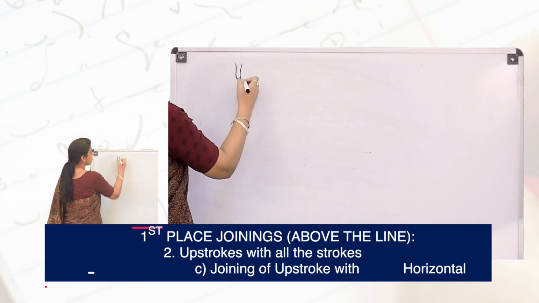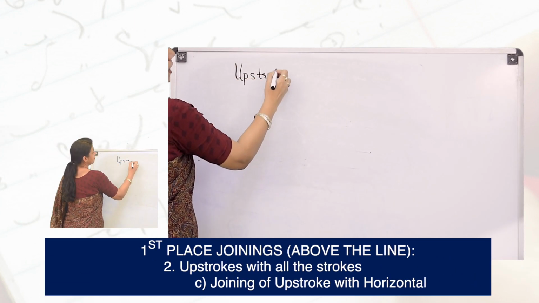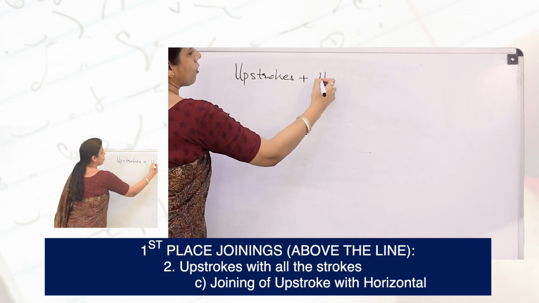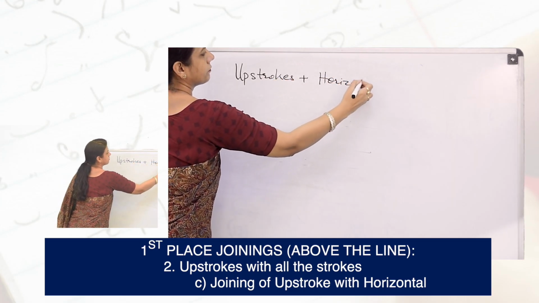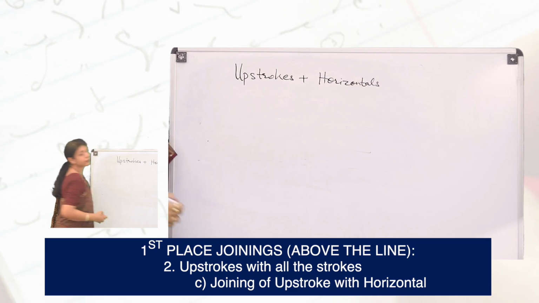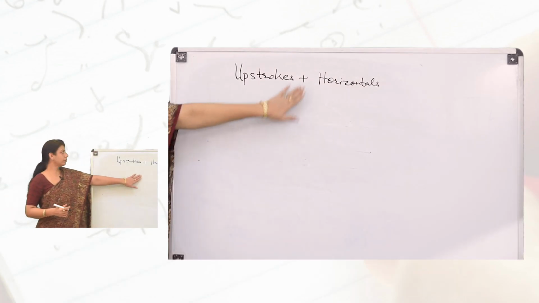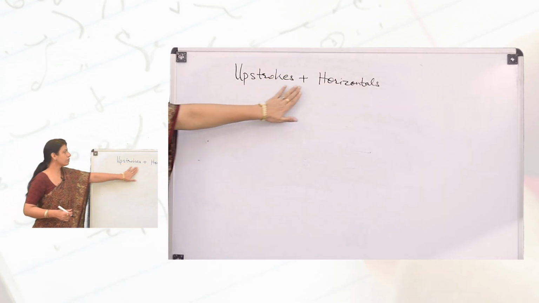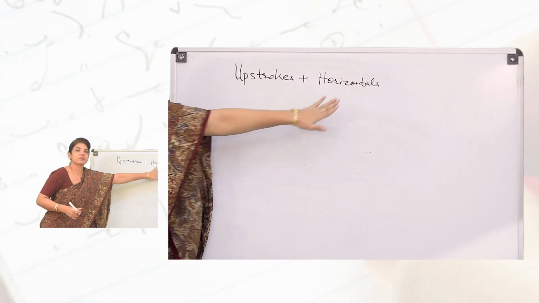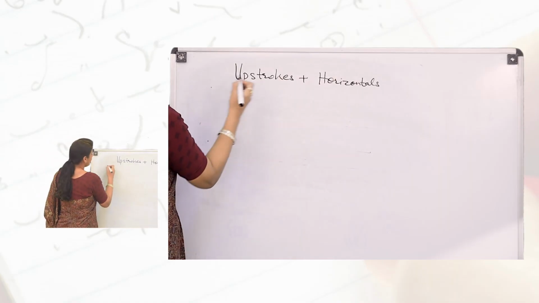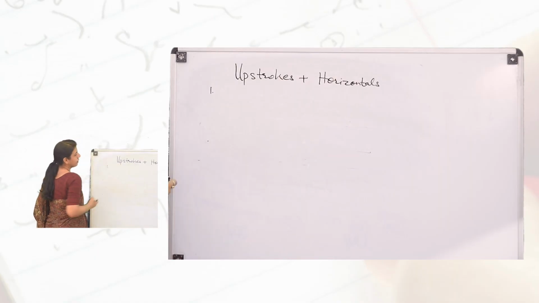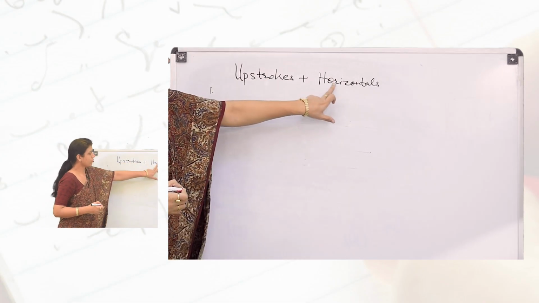Okay, now the next combination is upstrokes plus horizontals. We have just learned how to join upstroke plus downstroke at first place. Now moving on to upstroke plus horizontals. Now example, upstroke plus horizontal.